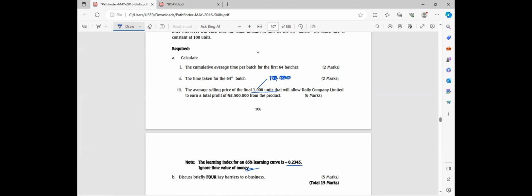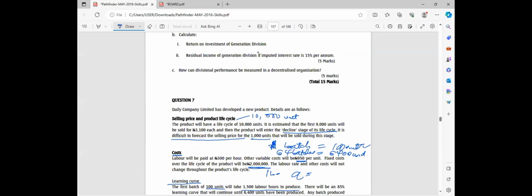Then how many were estimated to be sold before the final 1,000? 9,000. It is estimated that the first 9,000 units will be sold at 3,100 naira each.